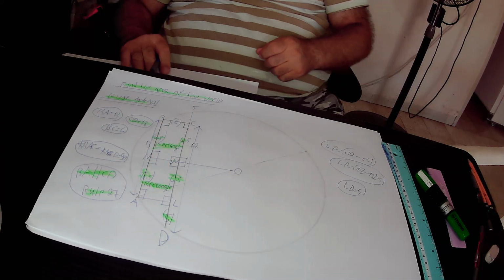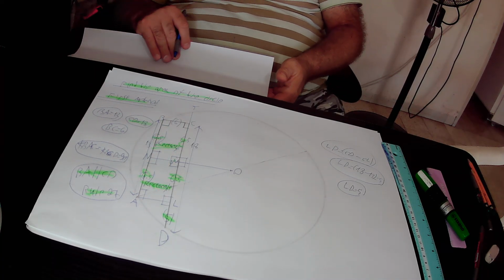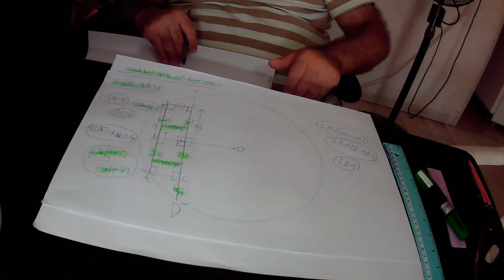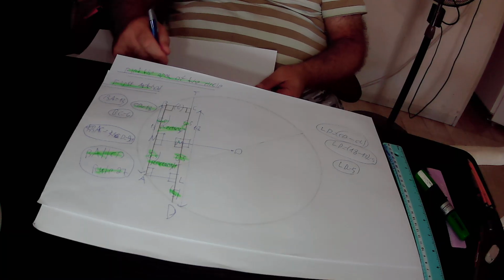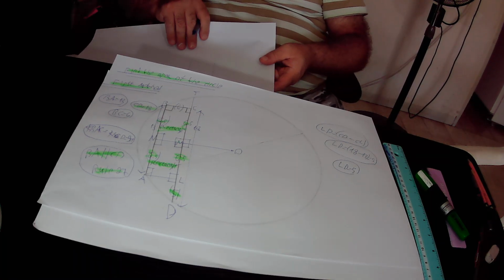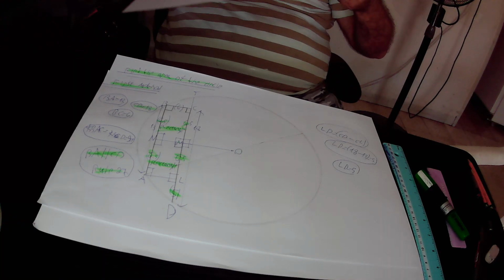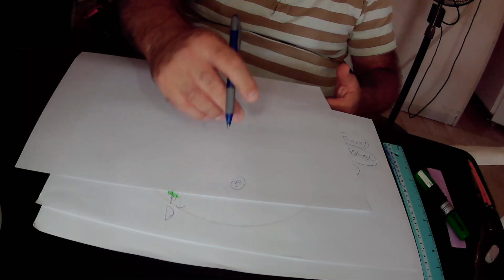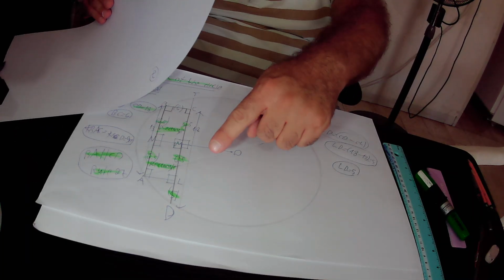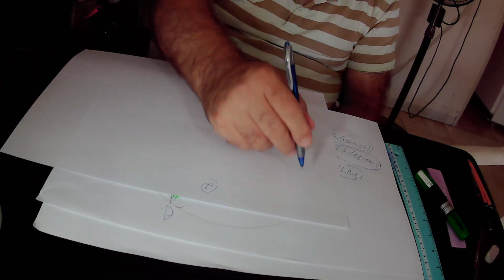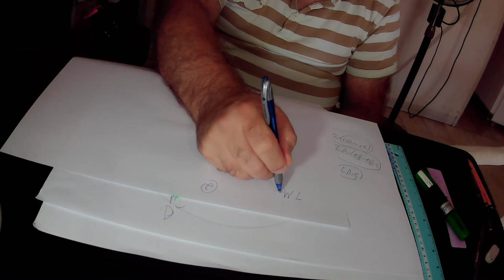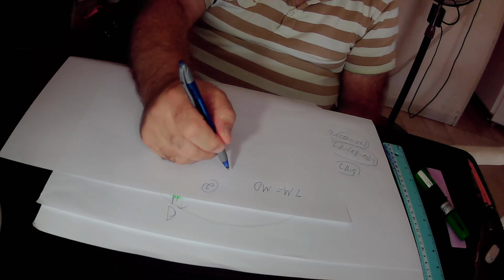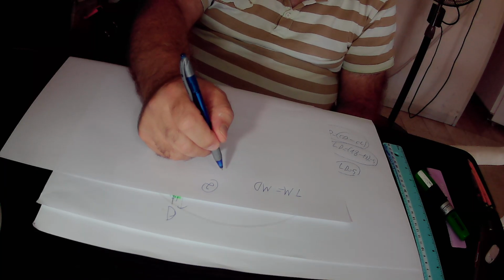So we already know that according to rule 19, TM equals MD. The perpendicular OM bisects chord TD.